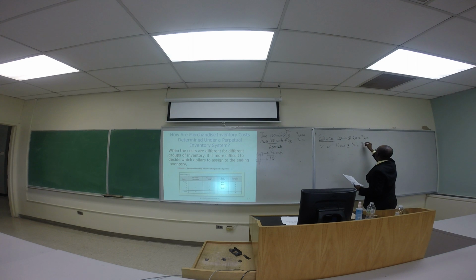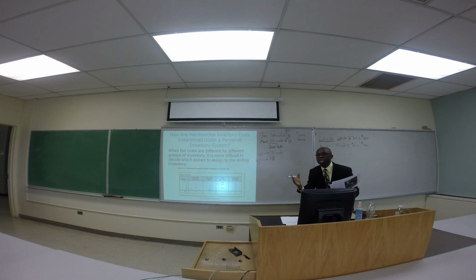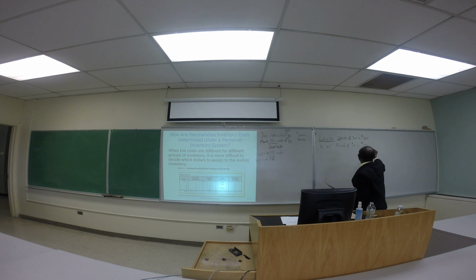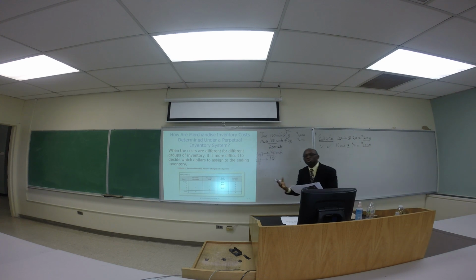That would be $100. Take a look at this. If we are talking about millions of dollars, then you are looking at a difference of $100 million in terms of the cost of the inventory that you have left.